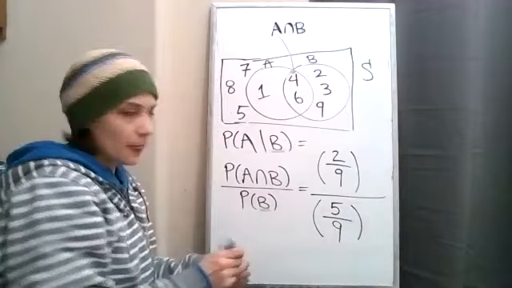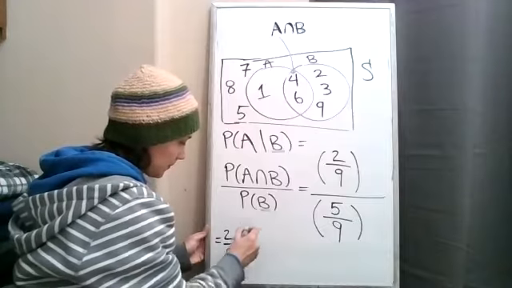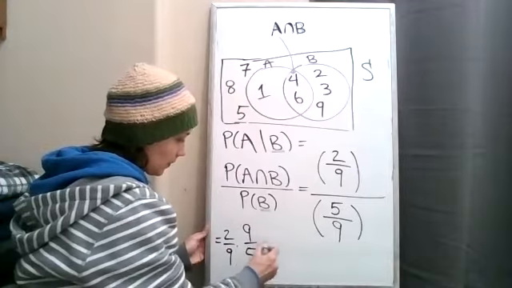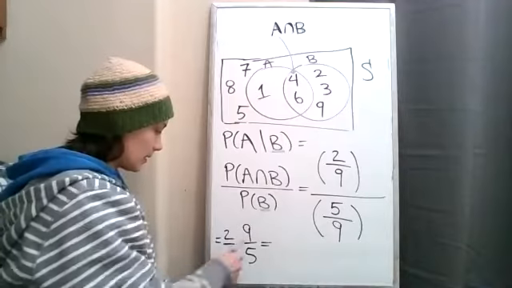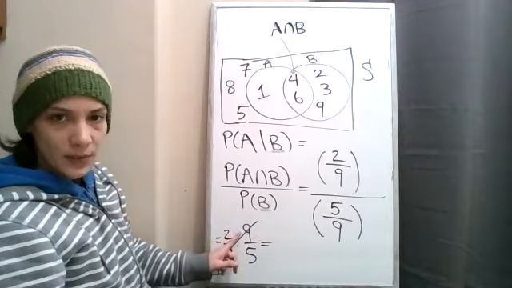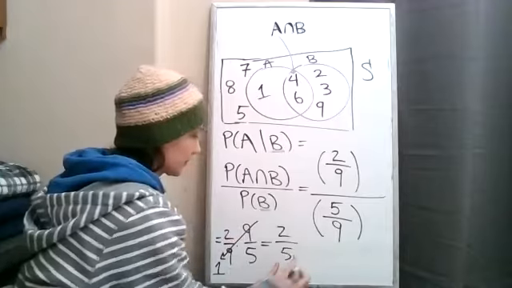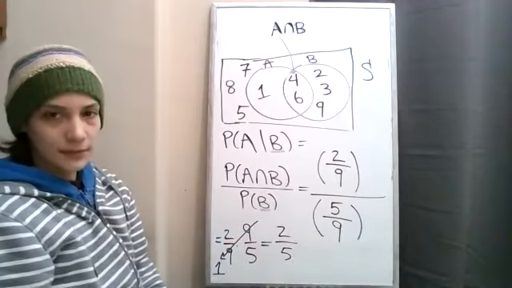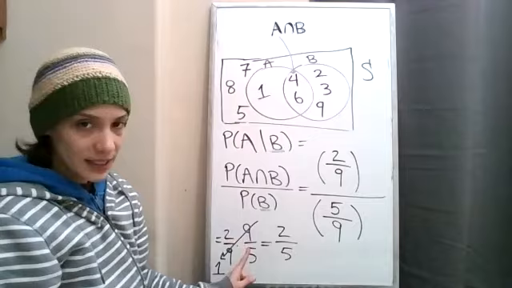So you have 2 ninths and then multiply by 9/5. 9 over 9 is going to reduce to 1. So 2 times 1, which will be 2. And 1 times 5 is 5. So that's your answer using the formula.